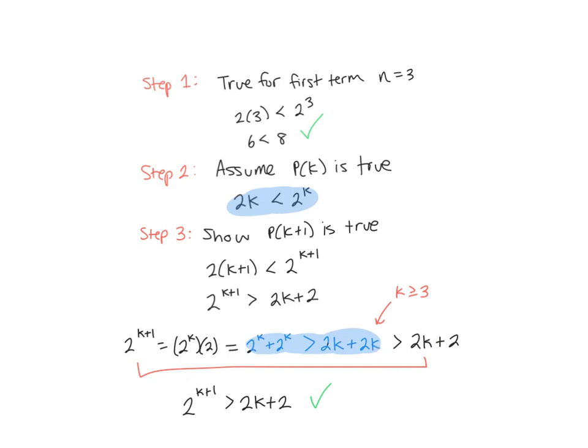And then here, we know that 2 times k is always going to be larger than just 2, because k is a number greater than or equal to 3. So it's completely valid to make the statement, the transition from this being larger than this. And again, we want to do that because that's what we're trying to show in step 3. So then if you piece the far left to the very far right, we have just shown that 2 to the power of k plus 1 is greater than 2k plus 2.